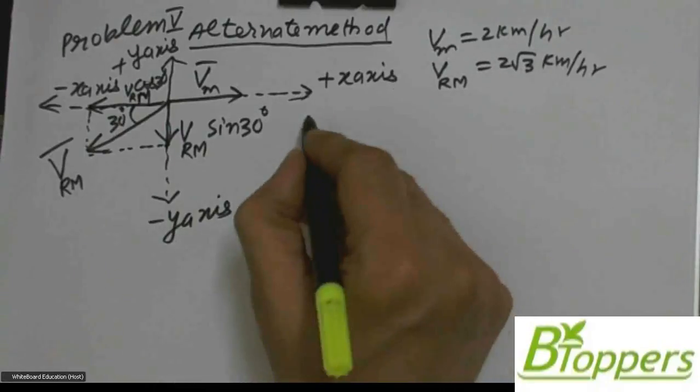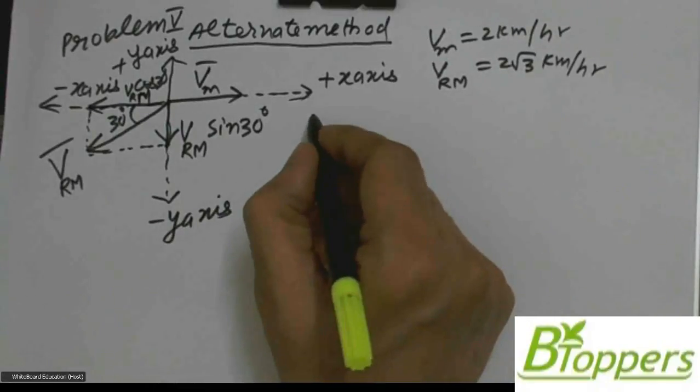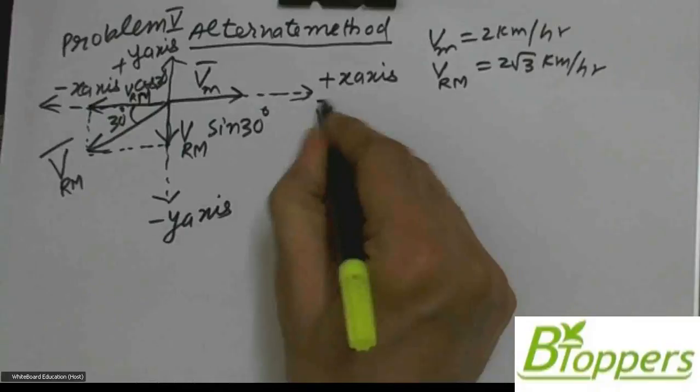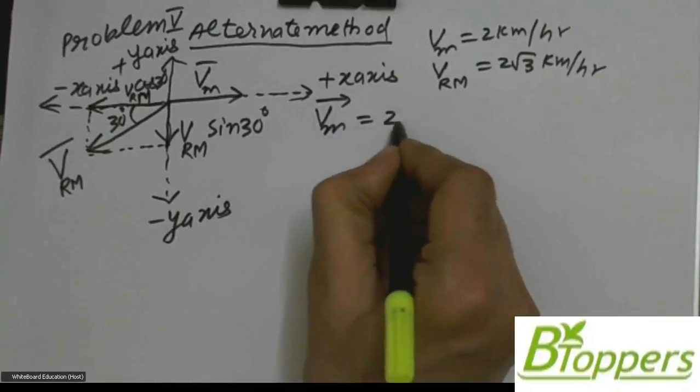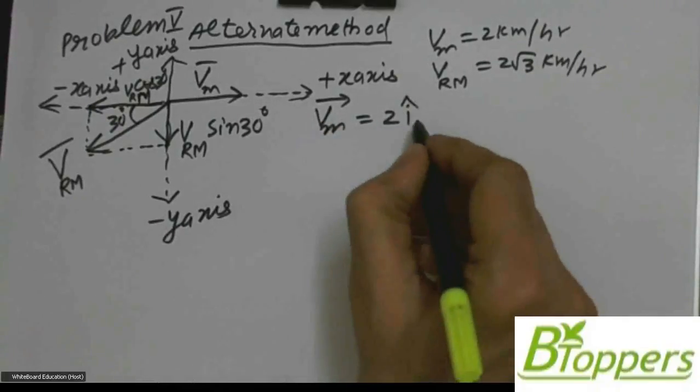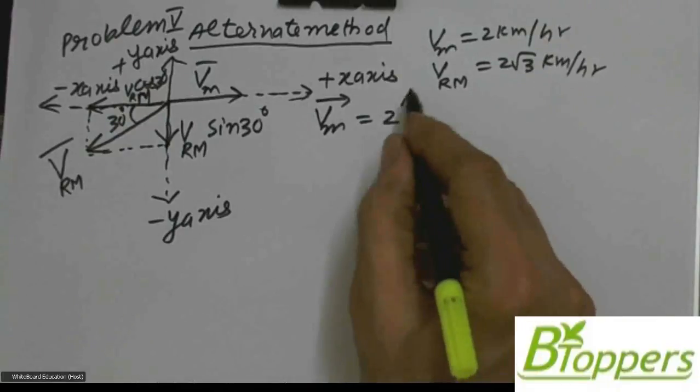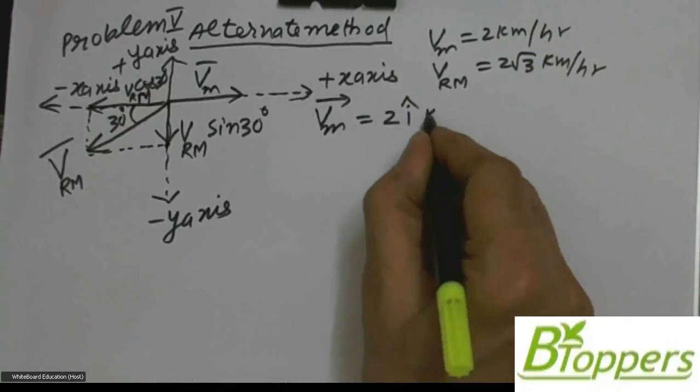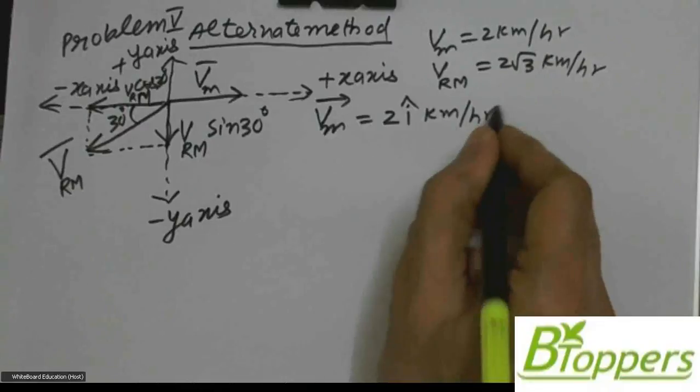So in vector form, the velocity of the man can be written as 2 i cap. It has no component in the y direction, km/h.